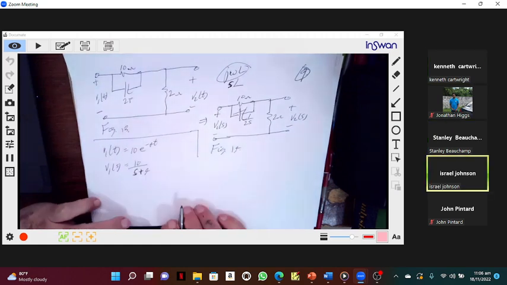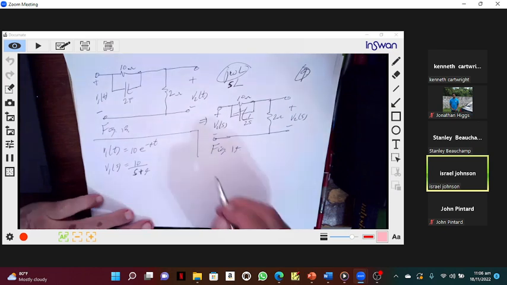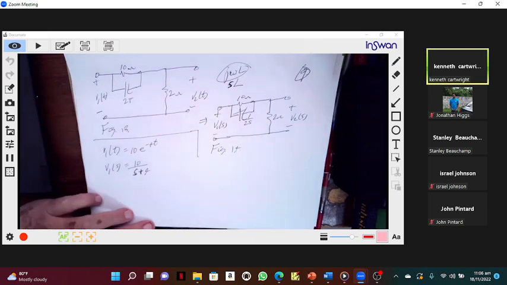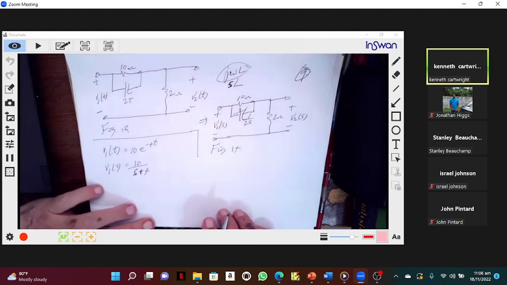I had to correct myself, I needed to zoom in. All right. It says find an equation for the Laplace of the output voltage. How can we do that?